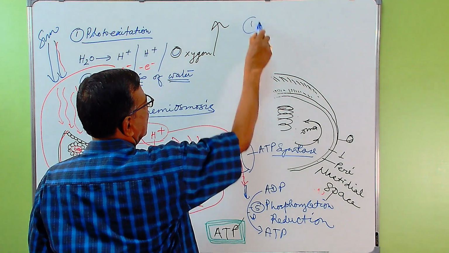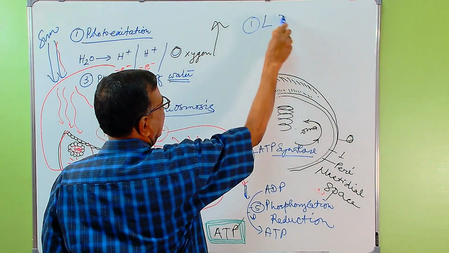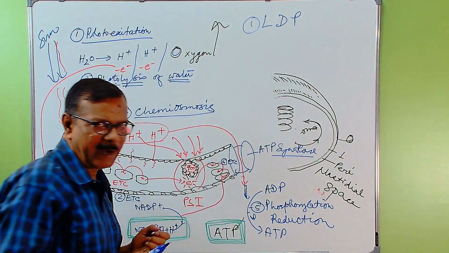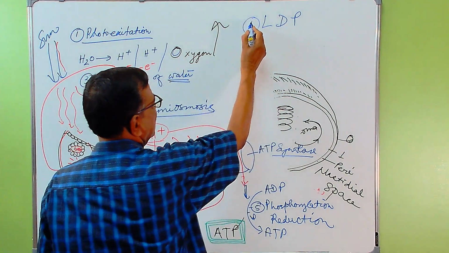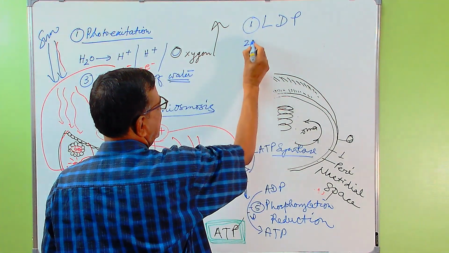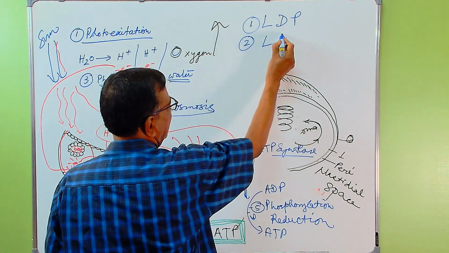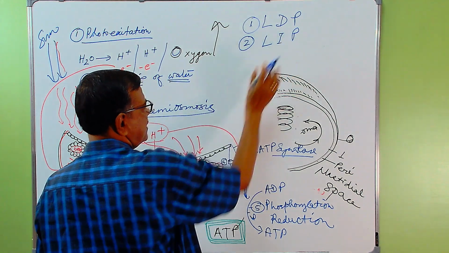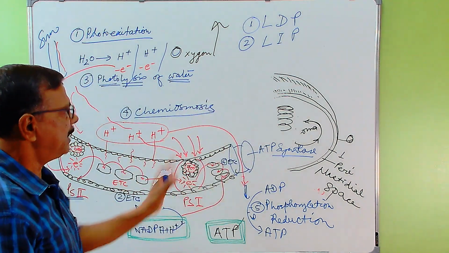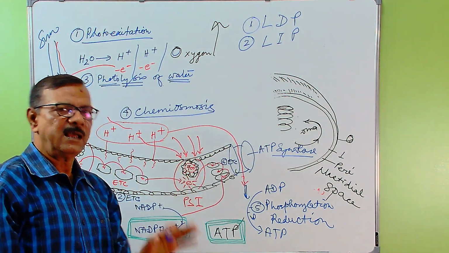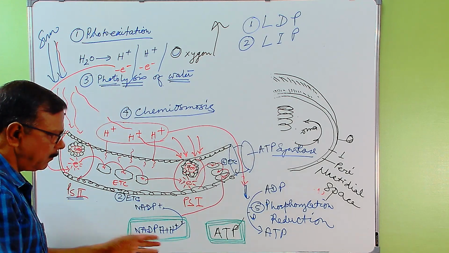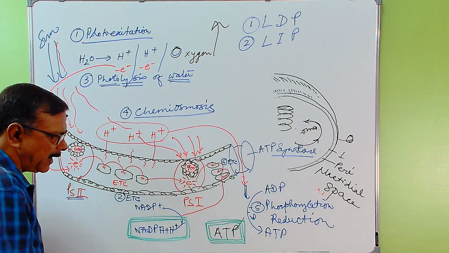Number one is light dependent phase, LDP, not long day plant, light dependent phase. And number two is light independent phase. Light independent phase does not require light, but it occurs at the same time, in the same place, in the stroma. So this is part one.